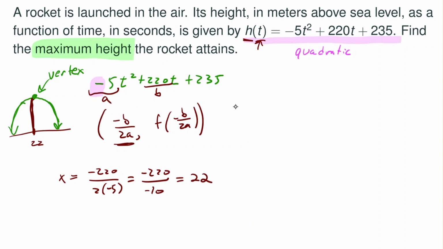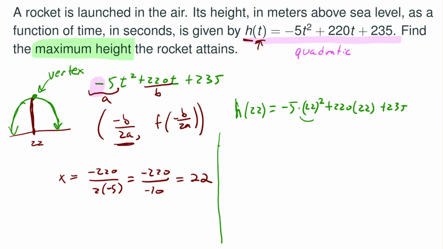So if I plug in h of 22, I get negative 5 times 22 squared plus 220 times 22 plus 235. So once we calculate this, we'll get the maximum height in meters. So let's do this calculation one at a time here. Maybe in a separate room here.